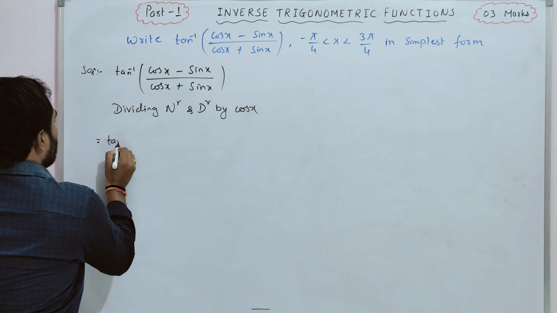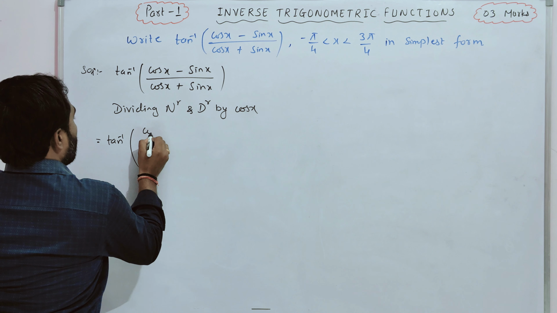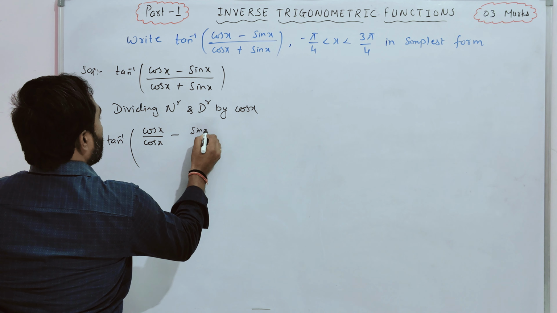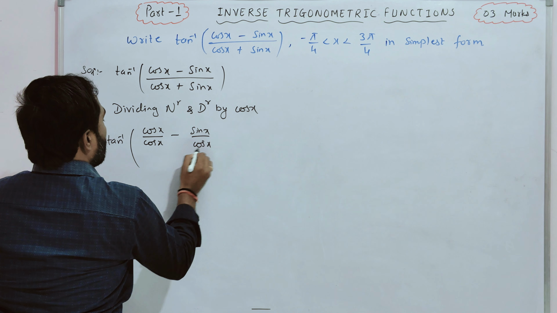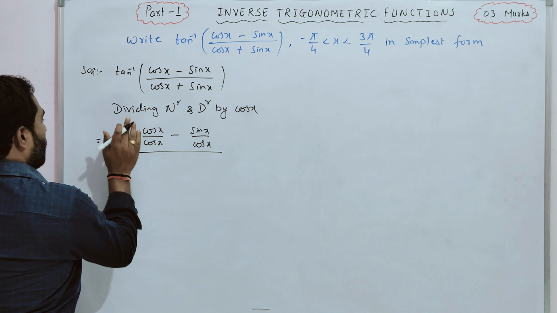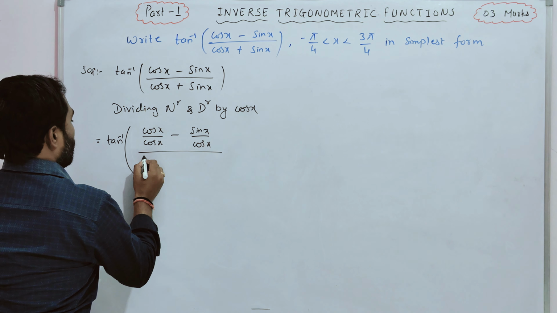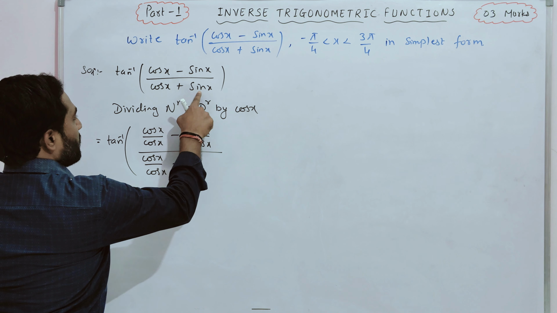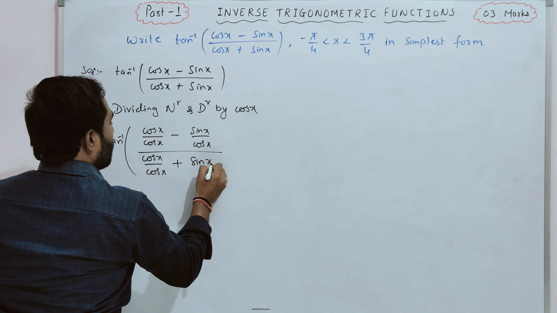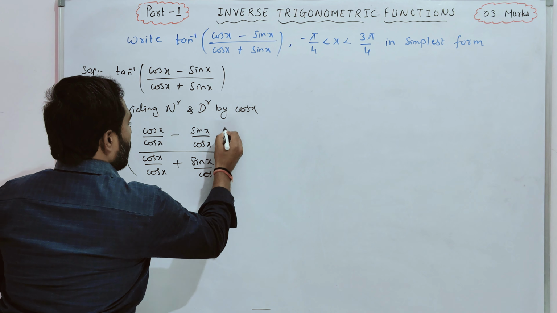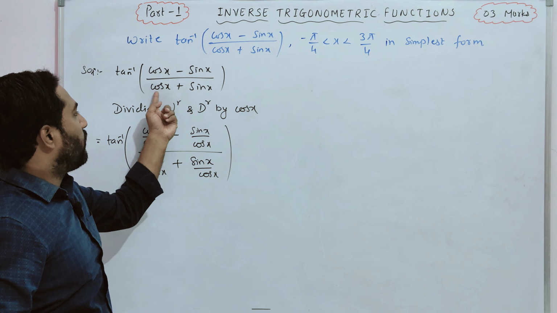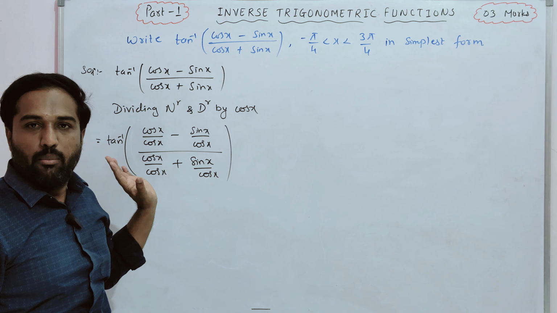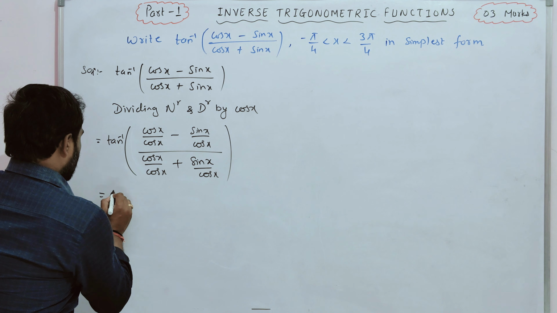Then this becomes tan inverse of (cos x by cos x minus sin x by cos x) whole divided by (cos x by cos x plus sin x by cos x). So when you have cos and sin in the numerator and denominator, do this step at the beginning, compulsorily. Okay, now what does it become?